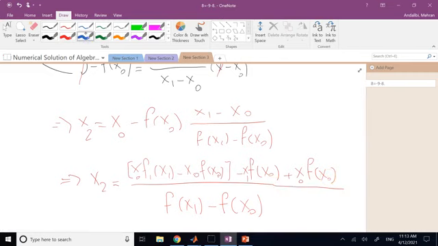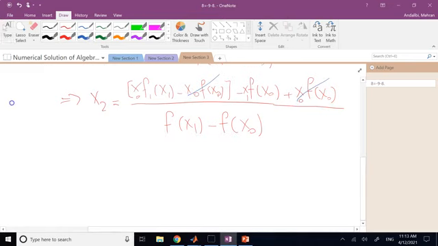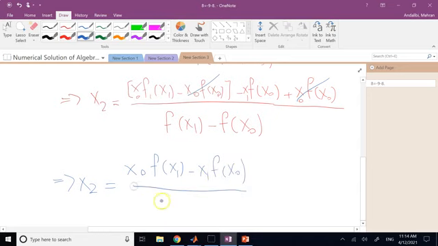And now see if you can cancel out anything, and you can. This term and this term are going to go away, so you will get x2 to be equal to x0 times f at x1 minus x1 times f at x0, and then divided by f at x1 minus f at x0.